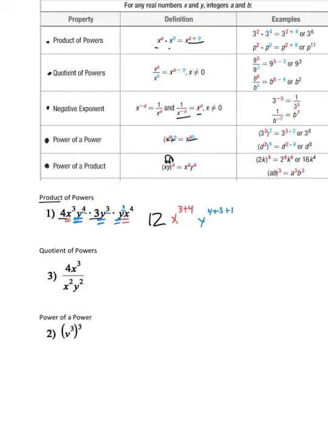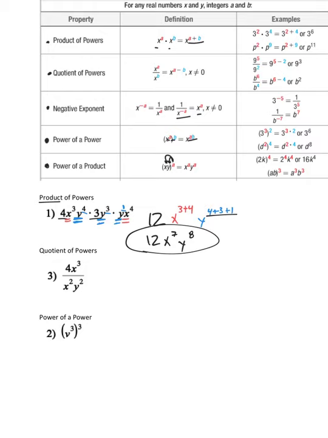So this whole thing simplifies to 12 x to the 7th y to the 8th. 4 plus 3 is 7, plus 1, 8. So that is the simplified expression. No negative exponents, no parentheses. All the bases are combined into a simple one.